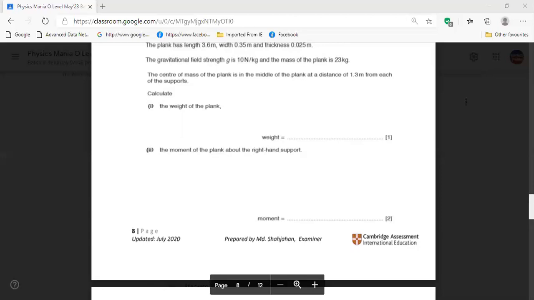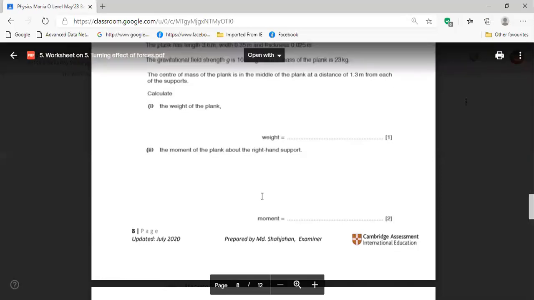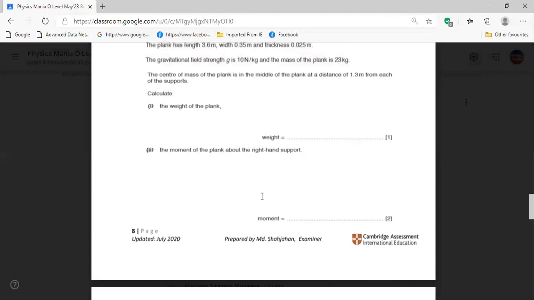The pivot is the center of mass. You don't need to divide. What is the formula for moment? You should multiply, right? Force multiplied by distance from the pivot.